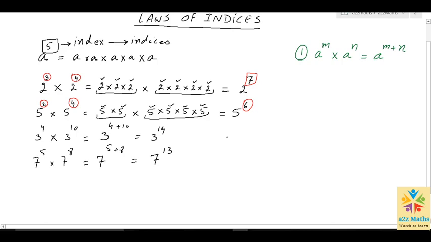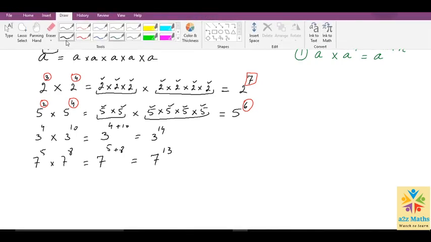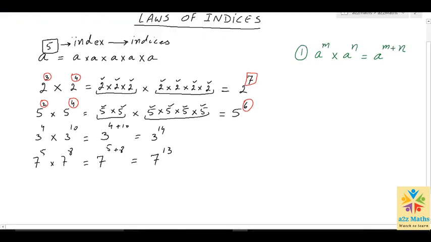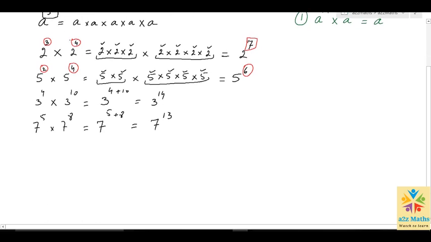Now think for a while: can we do the same with addition, subtraction or division? I will take just one example for addition.